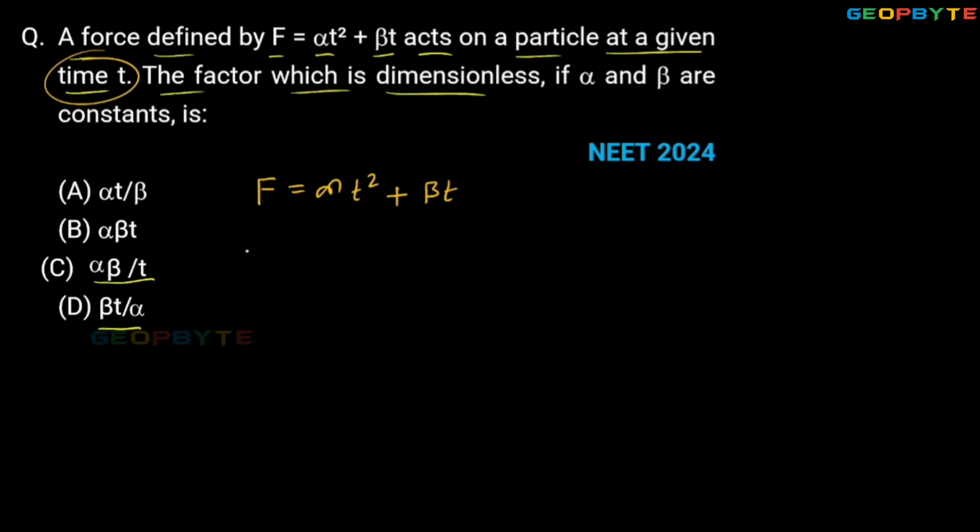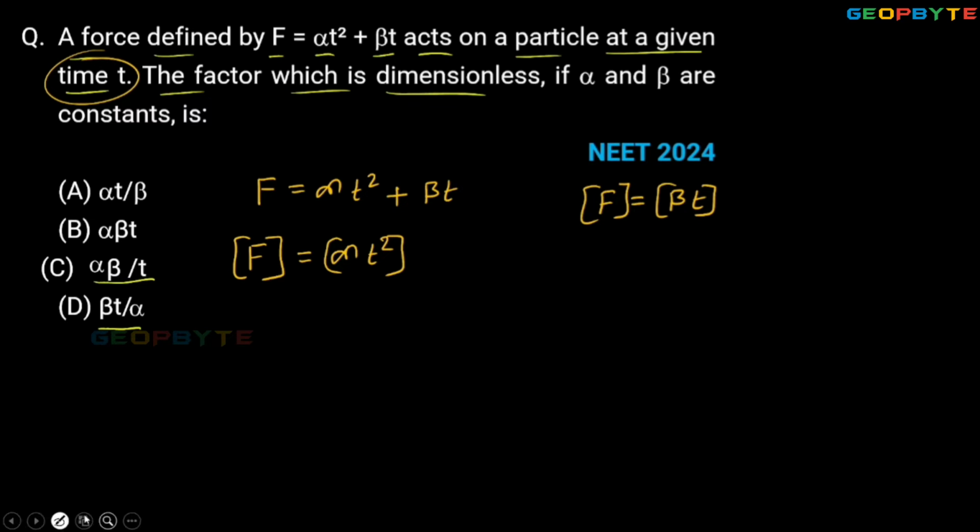The principle of dimensional homogeneity says that the force dimension must be equal to the alpha t square dimension. Similarly, the force dimension is equal to the beta t dimension. Let us write the force dimension. Force dimension is M L T power minus 2.